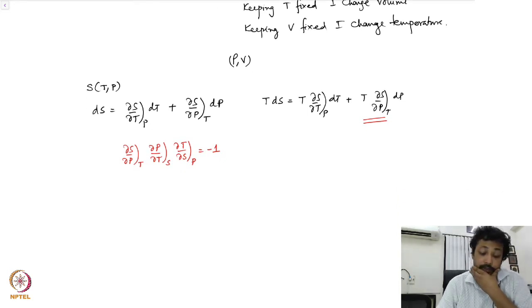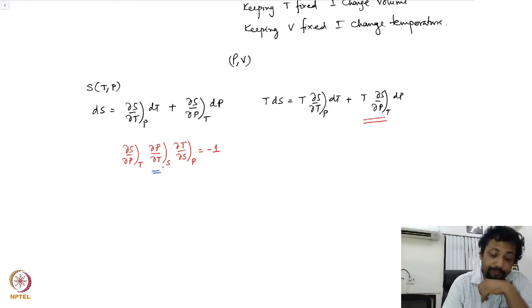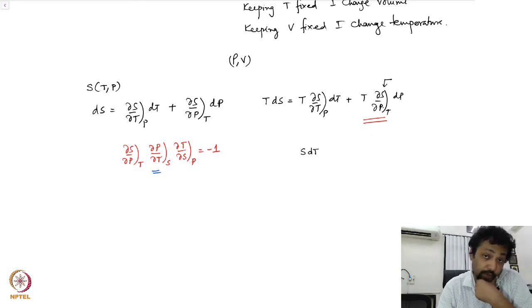Once again here I have to figure out what del P del T at constant entropy is. I can also try to see if there is a Maxwell relation corresponding to this. If I look at the structure of this derivative, I have del S del P at constant temperature. So I have S dT, and the derivative is with respect to pressure.